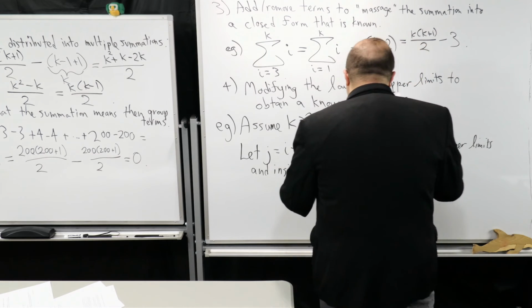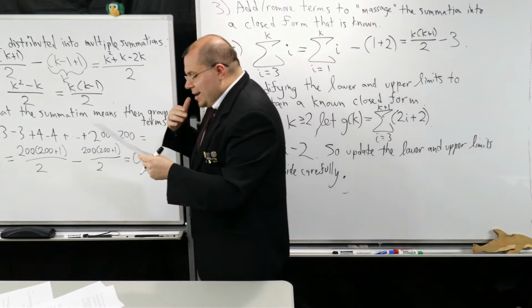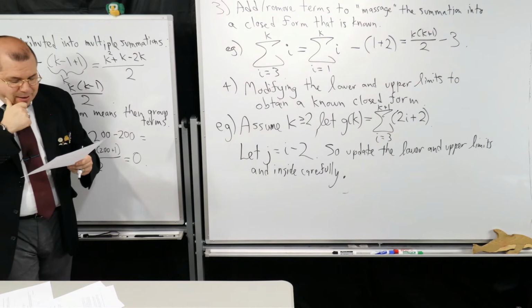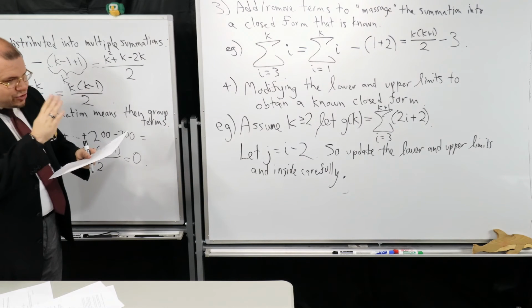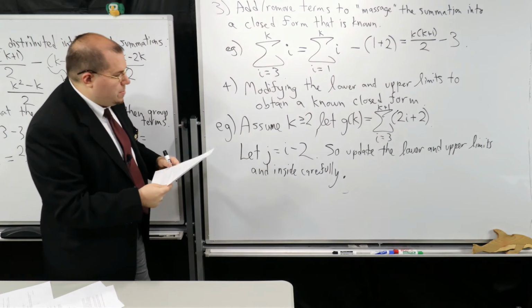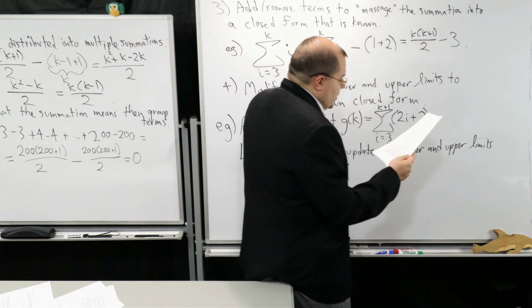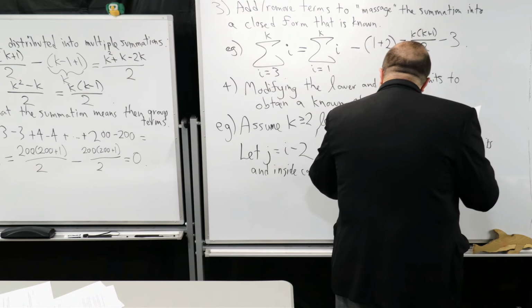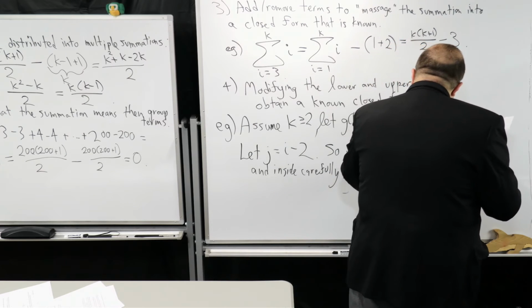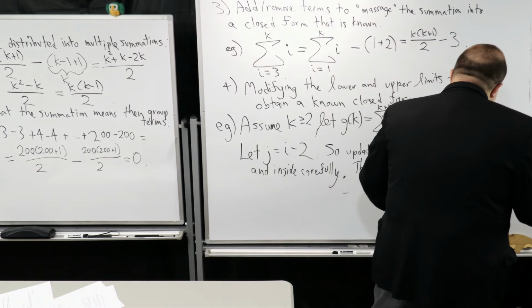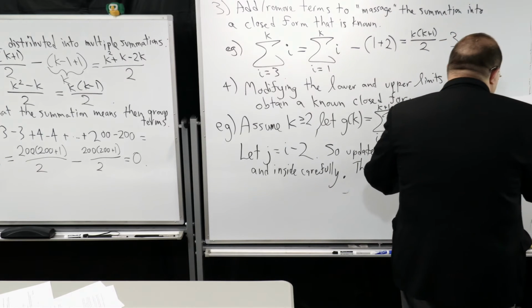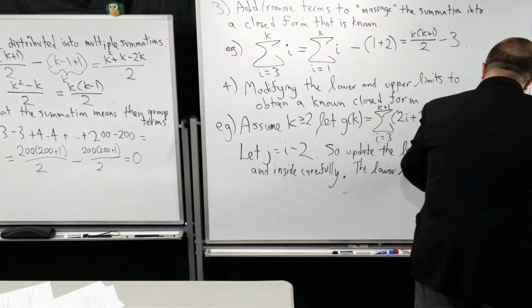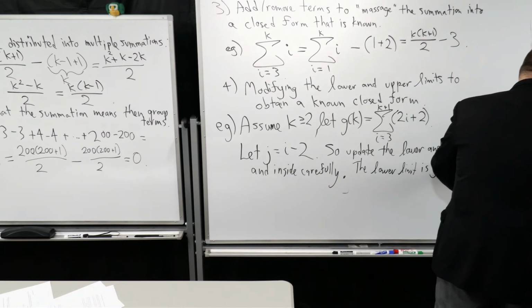So what's the lower limit? I would like to make it so that j, because I'm going to introduce j as now the lower limit variable, looks like 1. So the lower limit is j equals 3 minus 2, which equals 1.